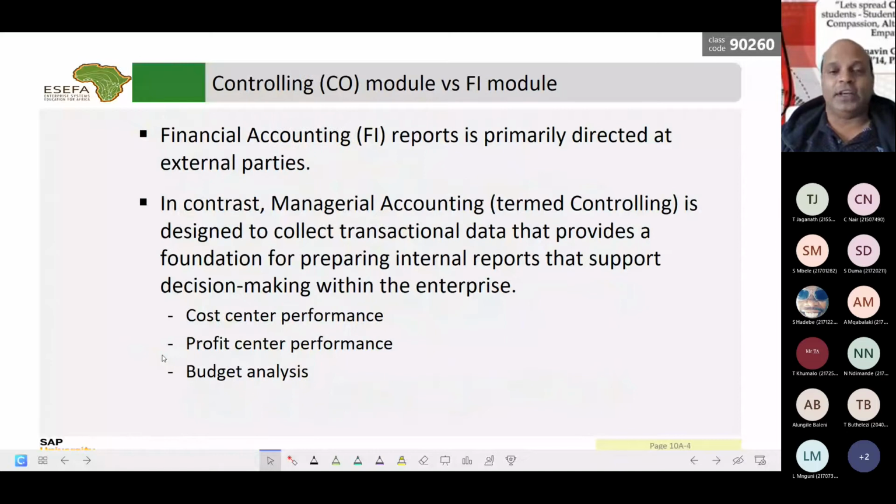The controlling unit. Now, if you went and used the SAP S4HANA Fiori system, you'll notice that there's a module called the controlling unit, and there's this financial accounting module. Financial accounting reports are primarily directed at external parties.